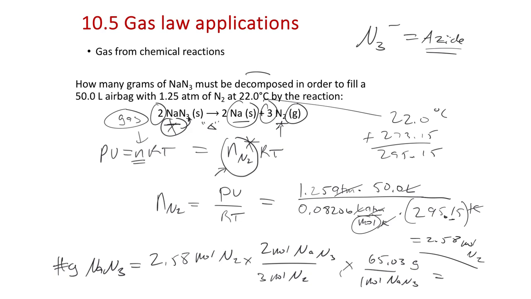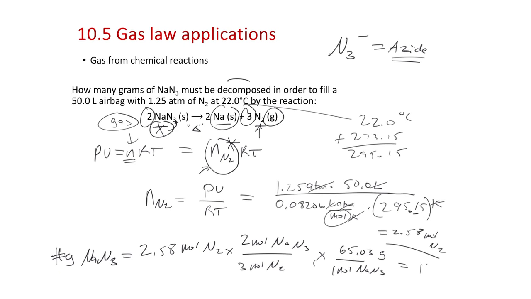So I get 112 grams. So if you start with the solid being present, you then allow it to decompose through its reaction taking place. You could double check if you wanted 112 grams.